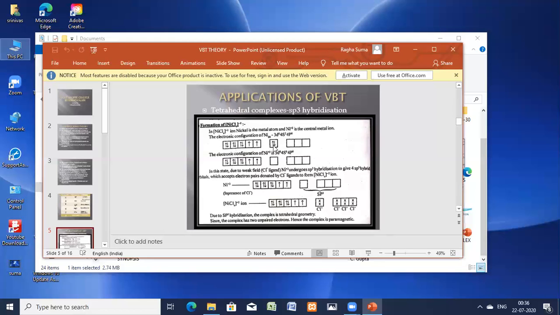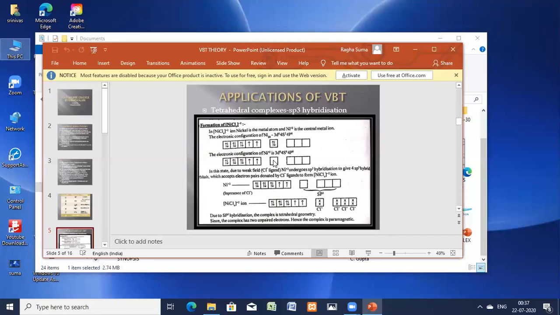Now this is the central metal. Now the oxidation state, I have calculated nickel as +2. +2 is the oxidation state. So the s electrons will be lost here. 2 electrons, +2, 2 electrons lost from the 4s.